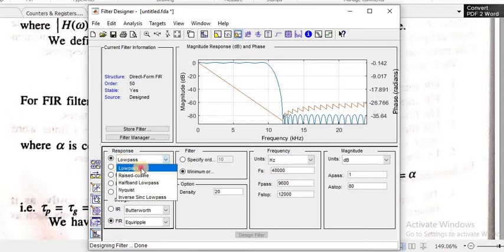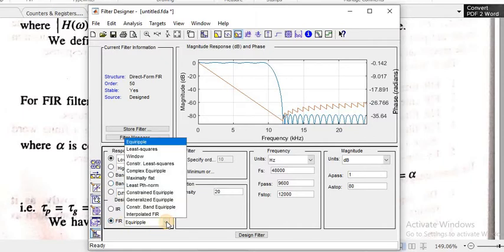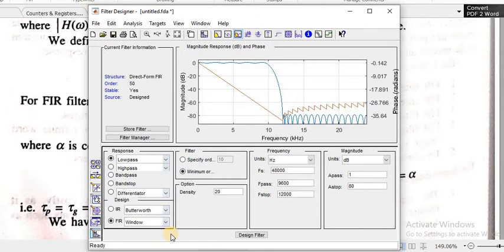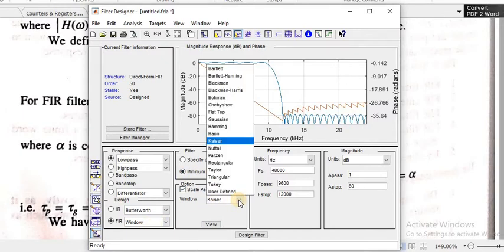We choose a low pass design, and then there are different kinds of filters: equiripple, window based. If I check any window, there are different methods actually. If you choose any window, the order should be minimum, and you can use a rectangular window or flat top, any window you can select from this.